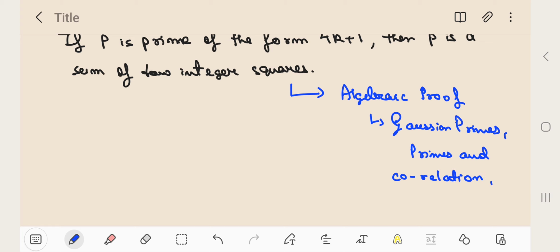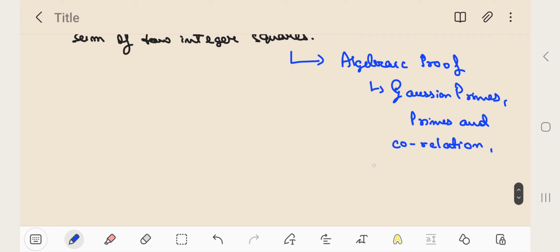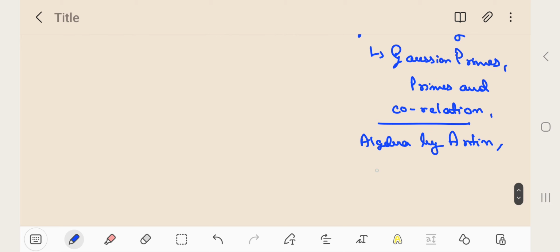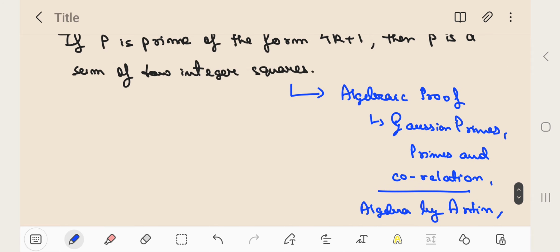You can find a completely algebraic proof of this, I guess, in the book Algebra by Artin, or in Dummit and Foote, which is a completely algebraic version of the proof. In this lecture, we are concerned about the geometric procedure to come up with the proof of this.